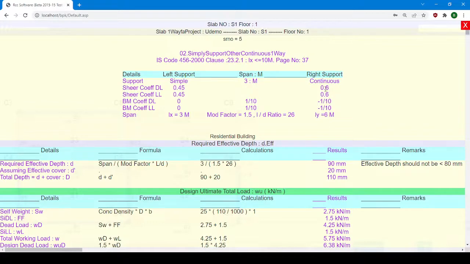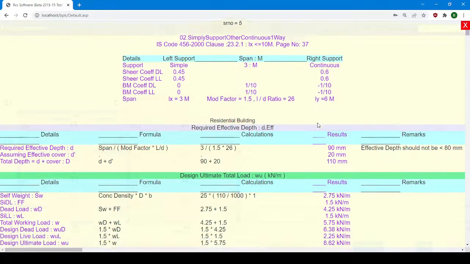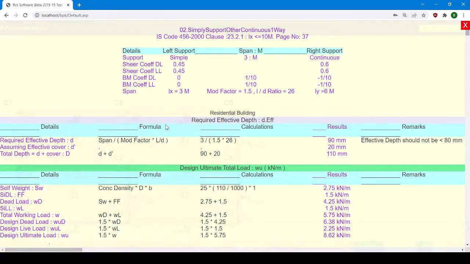As per the coefficient method and L/D ratio, we are calculating the required effective depth. Span divided by modification factor, one can say the L/D ratio gives 90 mm. With 20 mm effective cover considered, the total depth is 110 mm.